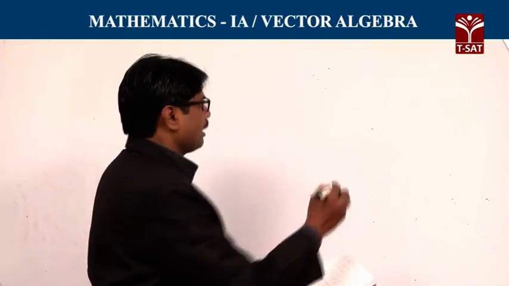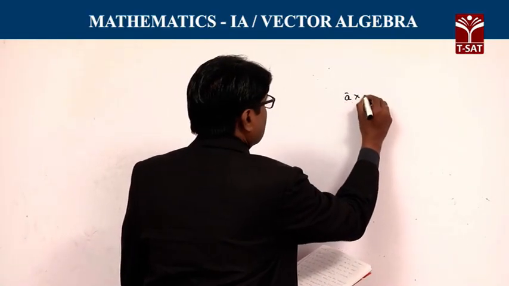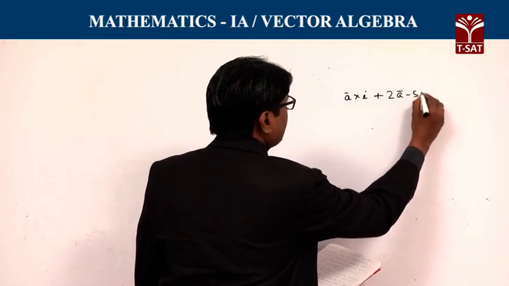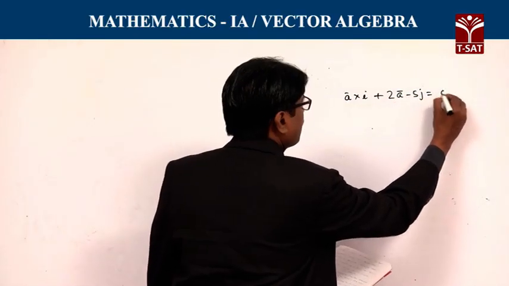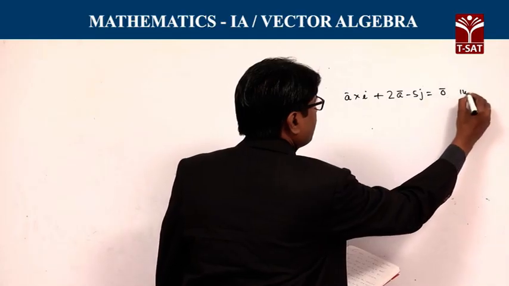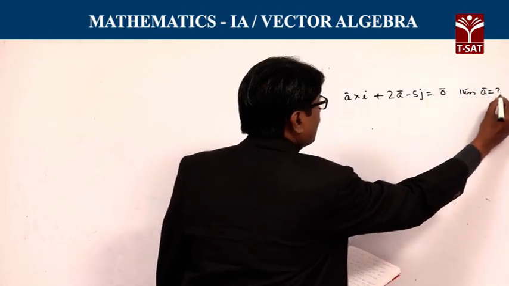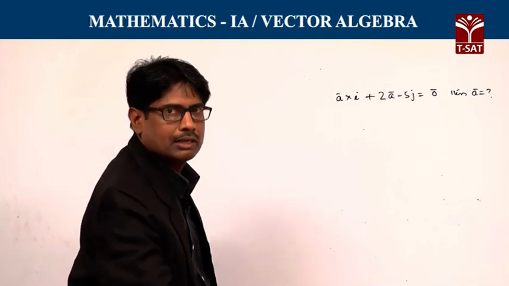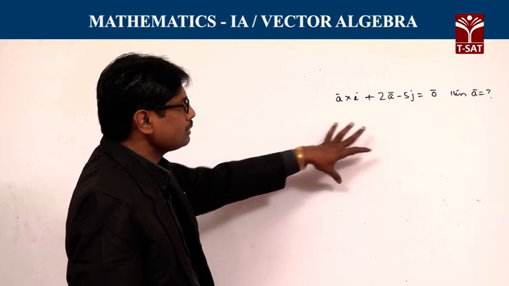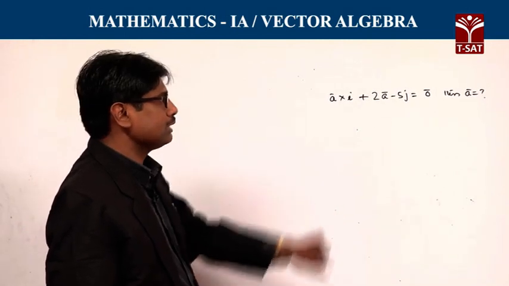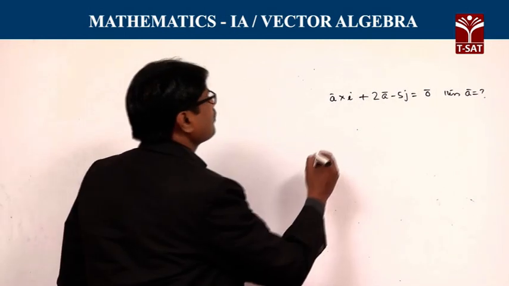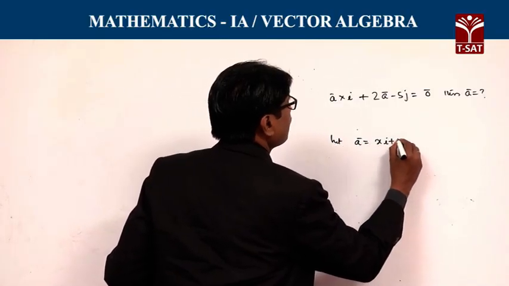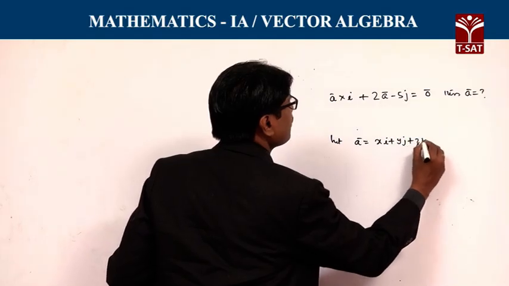a bar cross i bar plus 2a bar minus 5 times of j bar is equal to 0 bar, then a bar is equal to... Here the cross product and addition of vectors are in combination, and it is equated to 0 bar. So let a bar be x times of i bar plus y times of j bar plus z times of k bar.